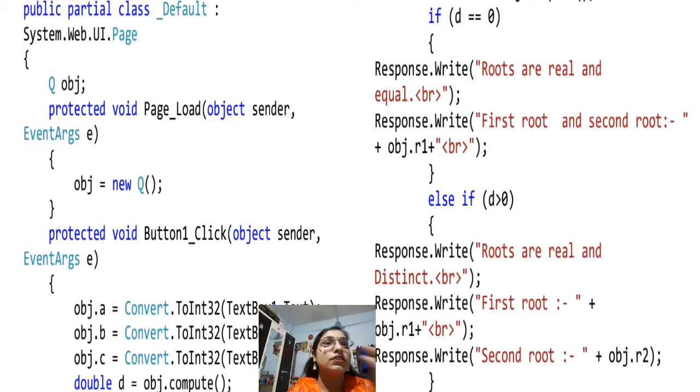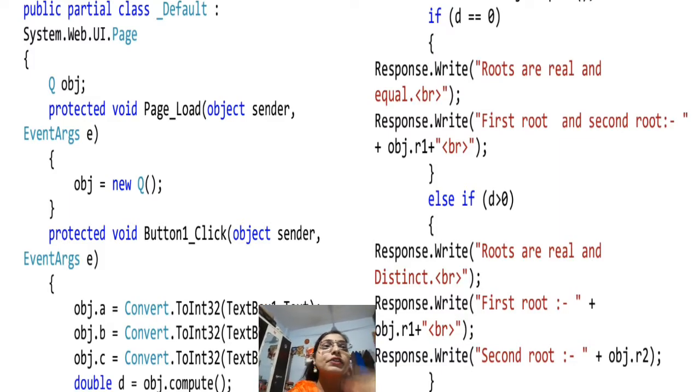So the first response dot write, I have written roots are real and equal, and after that in second response dot write, I have written first root and second root equal to obj dot r1 plus there is a br. We display only r1 because the message I have displayed is first and second root, and because roots are equal, no need to display r1 r2 separately. Value of both will be same only, so display either r1 or r2.